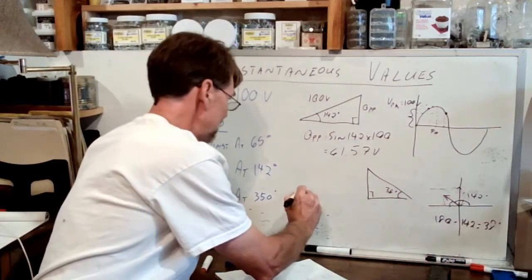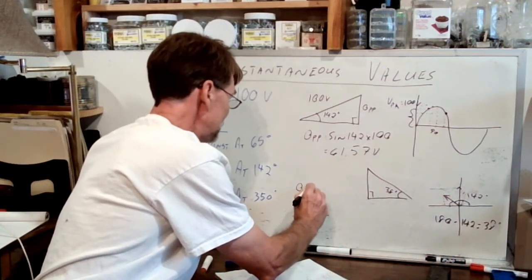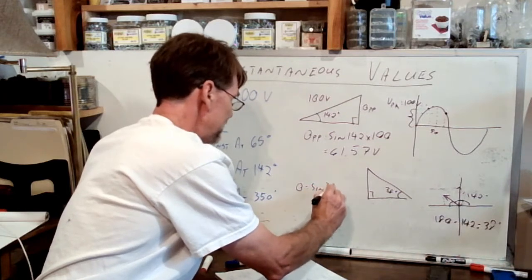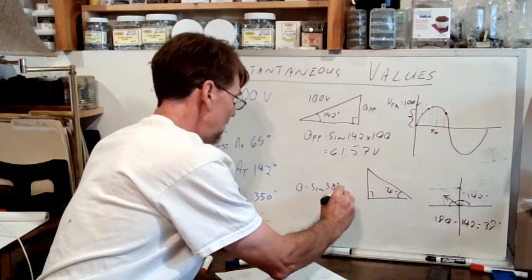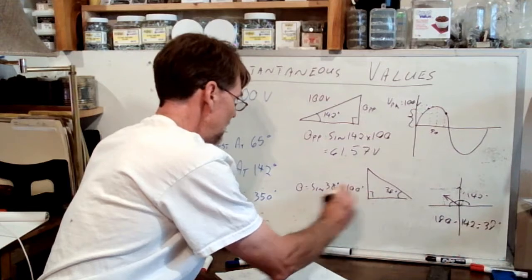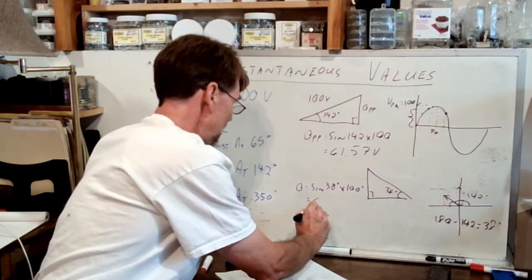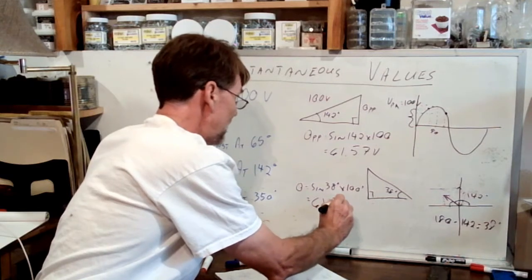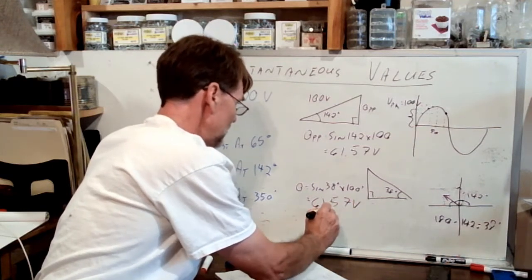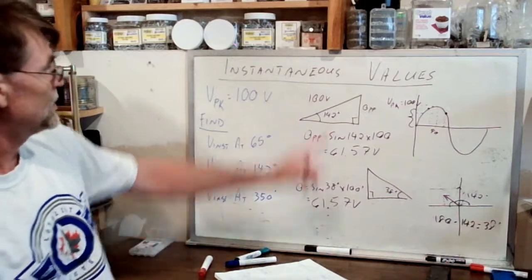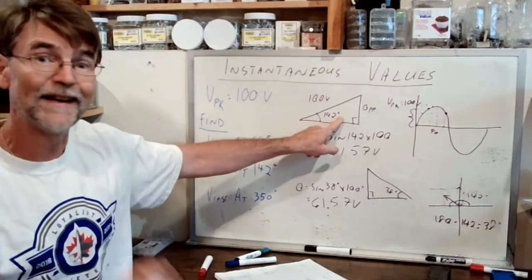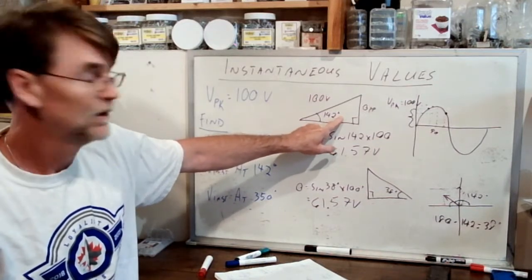Let's try this again. The opposite equals the sine of 38 degrees times 100 volts, which equals the very same number, 61.57 volts. So you can just blindly plunk in the numbers and let the math do the work.